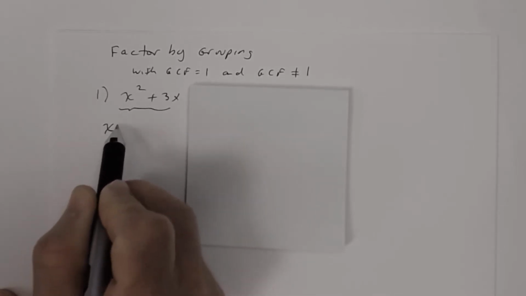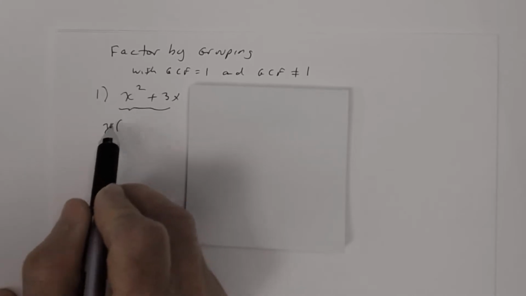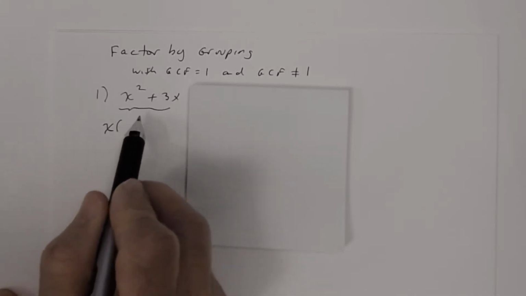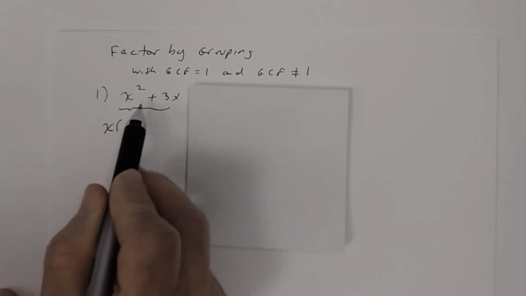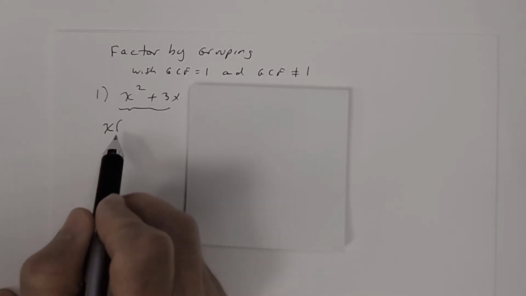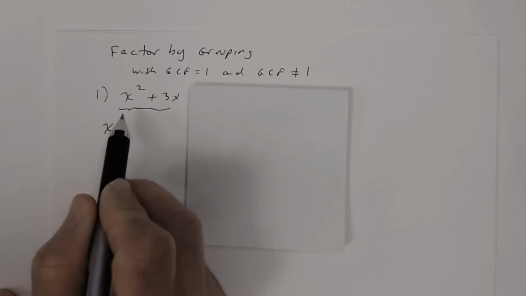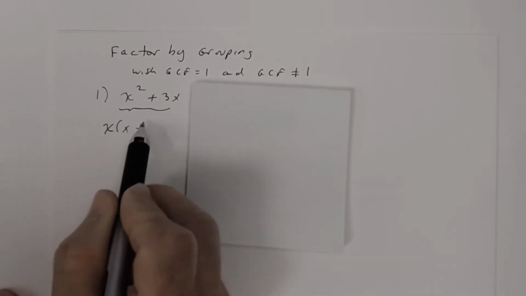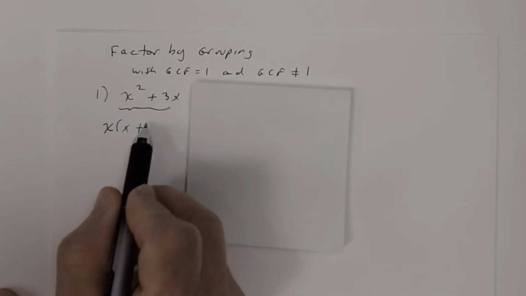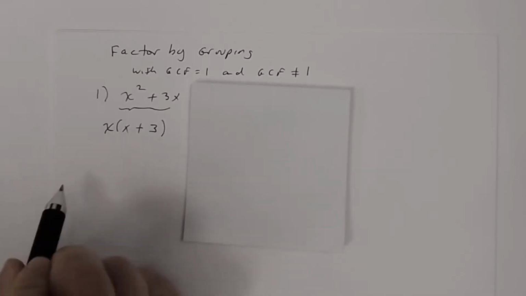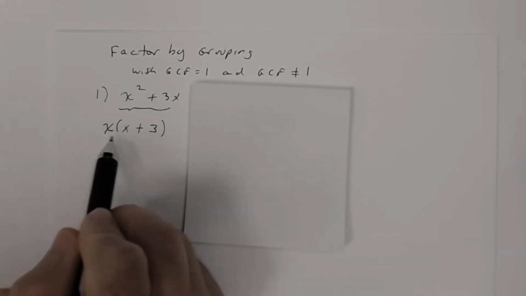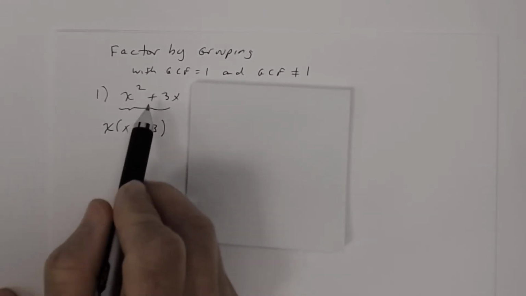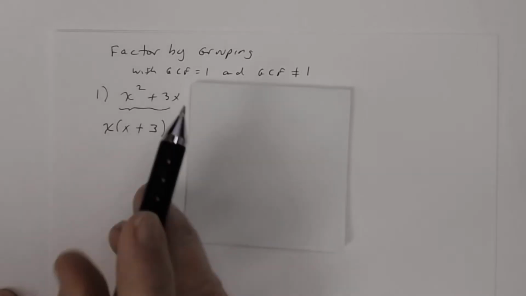Remember, when you factor, you're writing a product, so x times some polynomial that gives us this back. Just think about the distributive property. x times what is x squared? That's x. Then plus, x times what is 3x? That will be just 3. If you distribute the monomial x, you get this back.